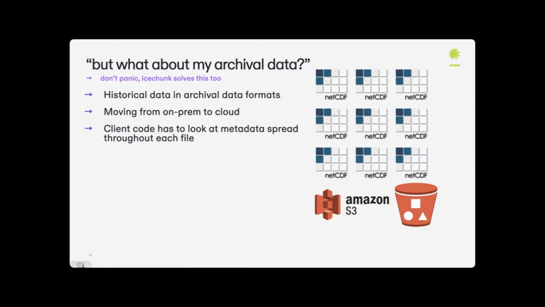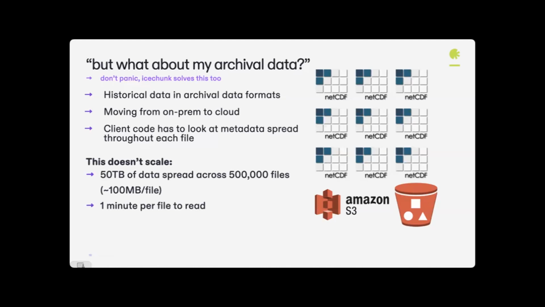The client code has to look through all the metadata spread throughout each file, and as data gets larger, this simply does not scale. Take, for example, 50 terabytes of data spread across 500,000 NetCDF files. If it takes 1 minute to read per file, which is what we found in testing, reading the whole data set from cloud storage could take over a year.